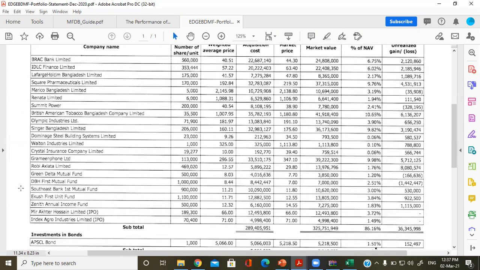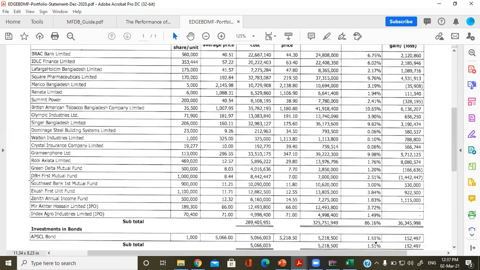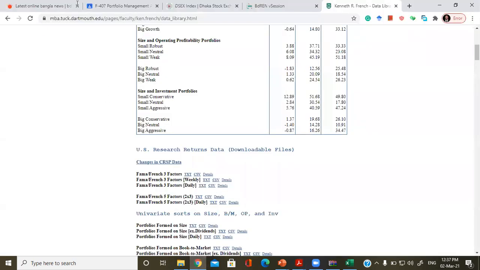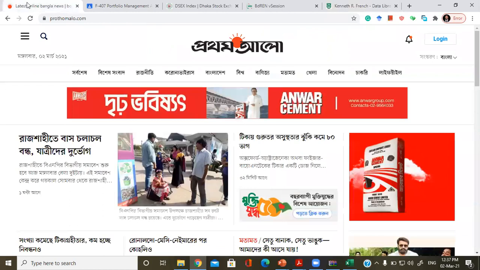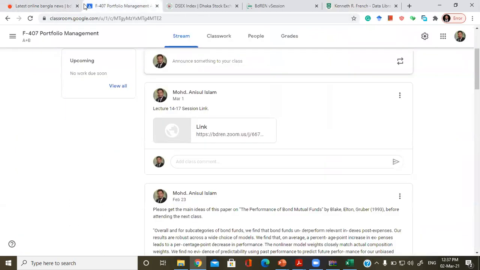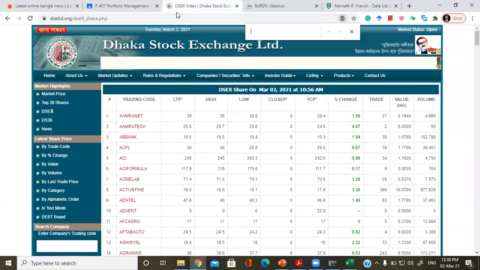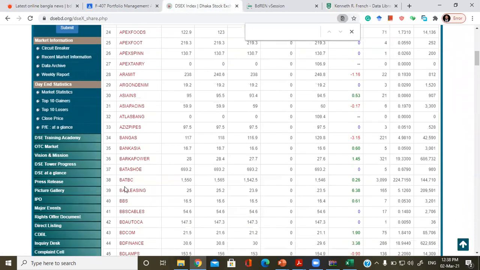But can anyone tell me that Green Delta Mutual Fund, DVH First Mutual Fund, Southeast Bank First Mutual Fund, Ekusha First Unit Fund, Zenith Annual Income Fund, in which this fund has invested, have these funds been included in the DSEX? Yes, no? Do you know which stocks have been included in the DSEX? These stocks have been included in the DSEX.